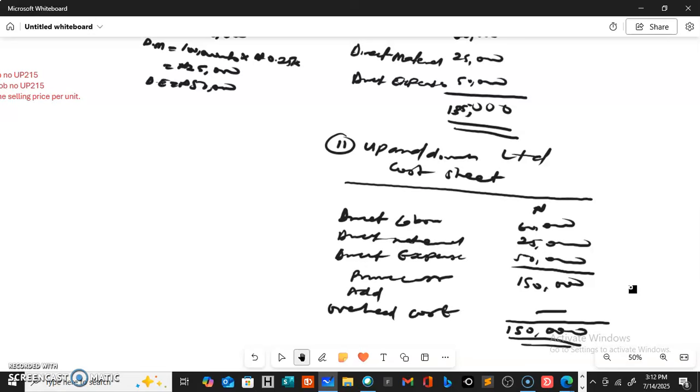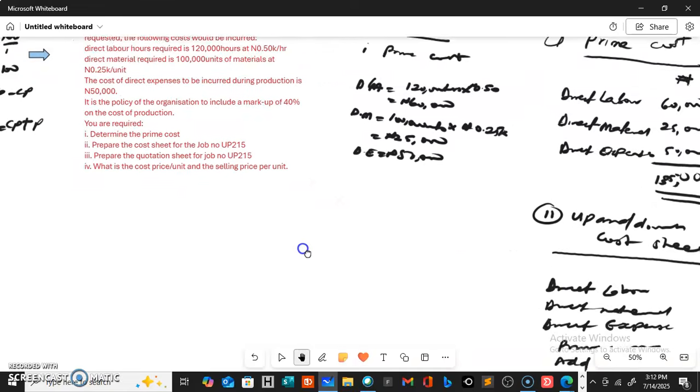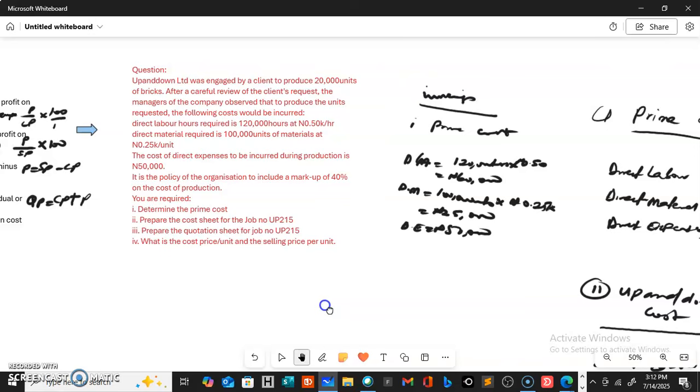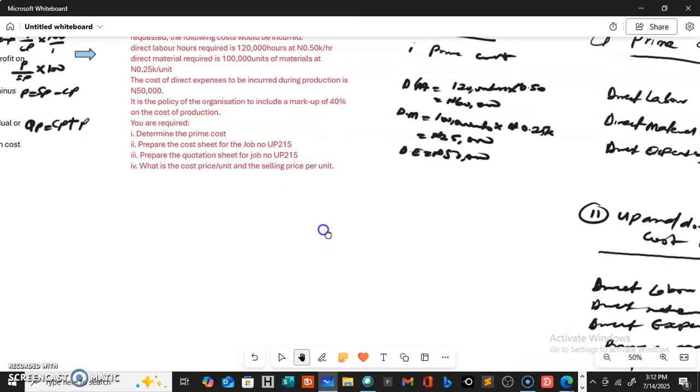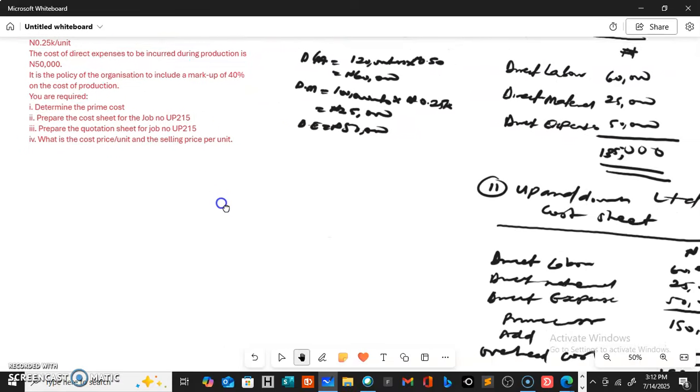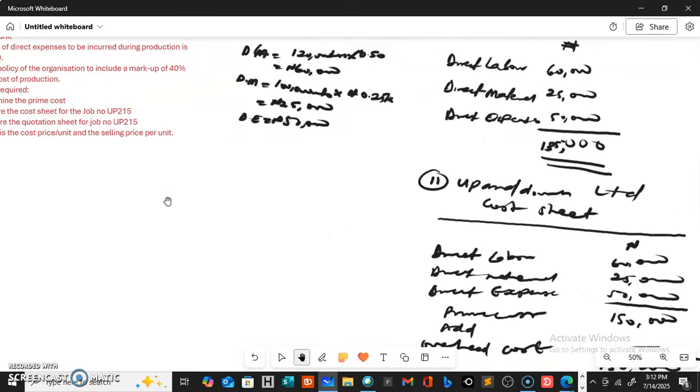So let us go back to question number 3. Prepare the quotation sheet for job number UP215. So let's not forget the job number. We're given a job number.